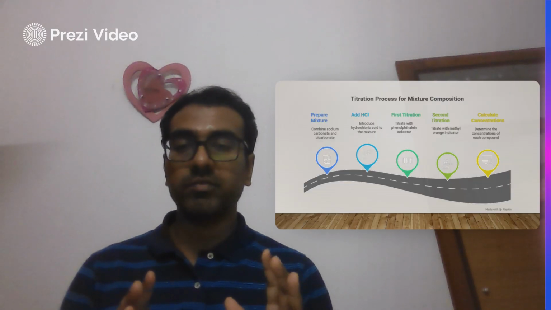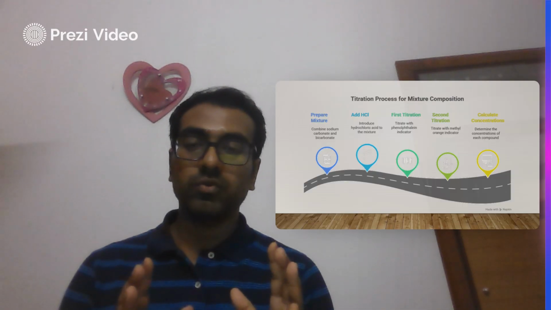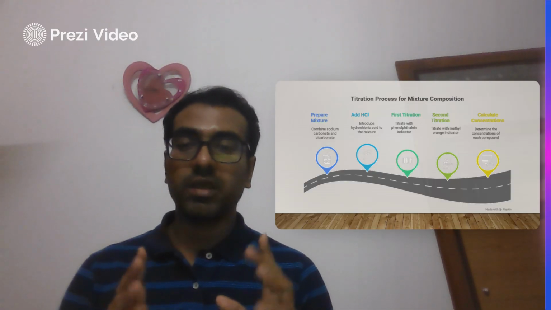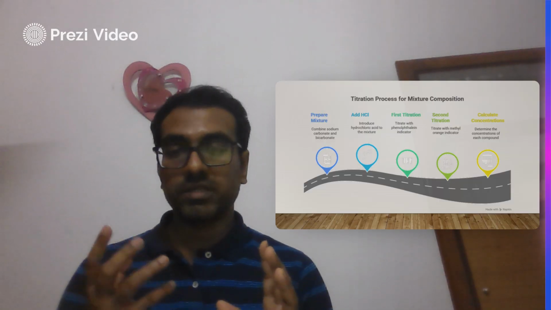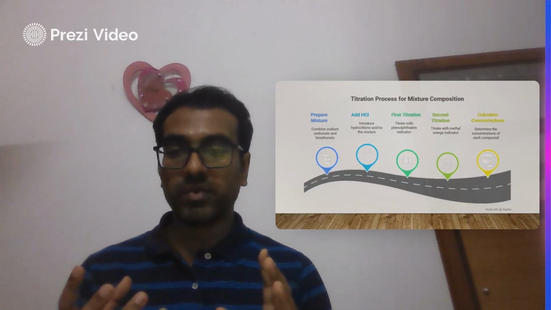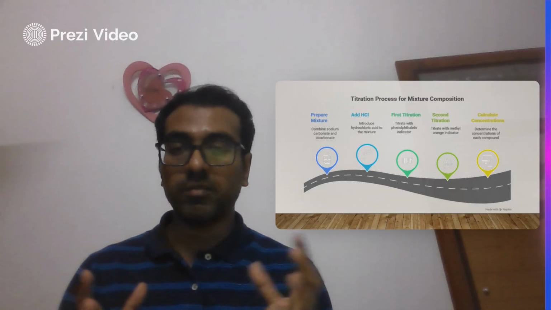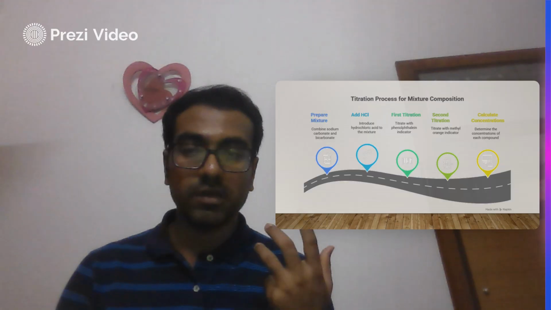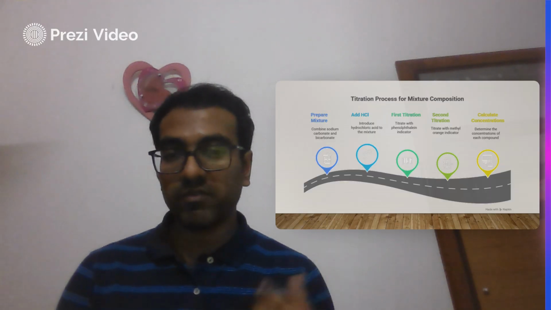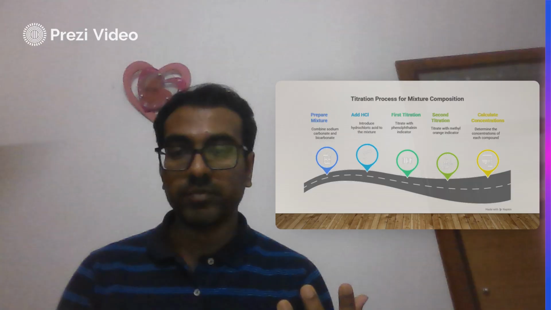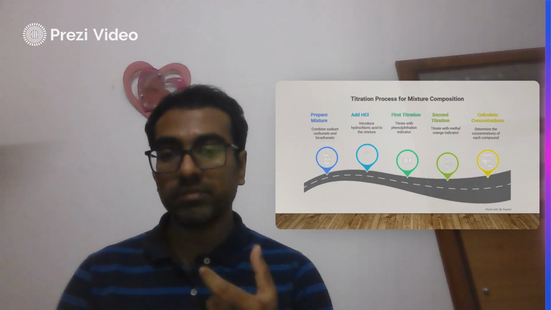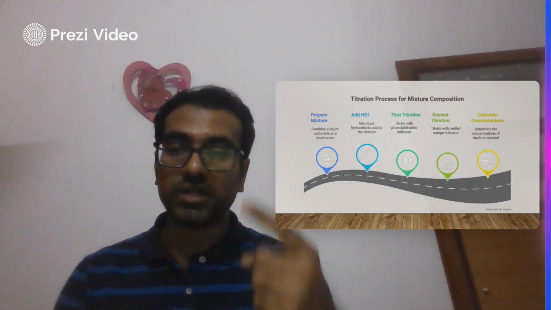In the first step, your job is to take those two in a 1:1 ratio. So you can take 20 ml of sodium carbonate and 20 ml of sodium bicarbonate, and put it in an Erlenmeyer flask, right? A 250 ml or 100 ml flask you can use. I would prefer a 250 ml flask, because using the same solution, you have to do 2 steps of titration, right?